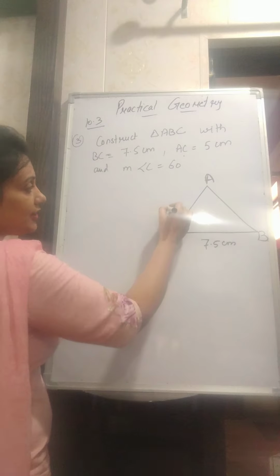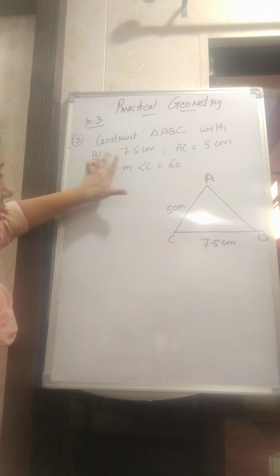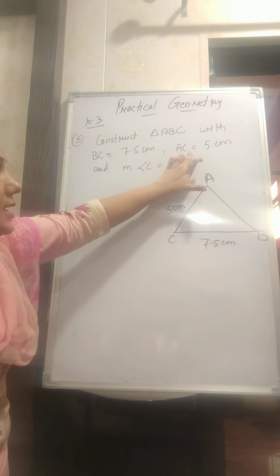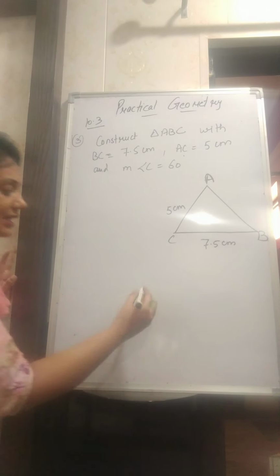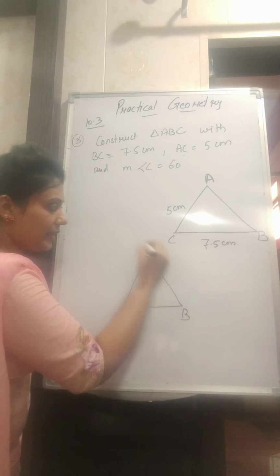AC is 5 centimeter. Now, you have to keep one thing in your mind: you have been given the measurement of BC and AC, but the measurement of AB is not given. So you cannot keep AB at the base, like this.